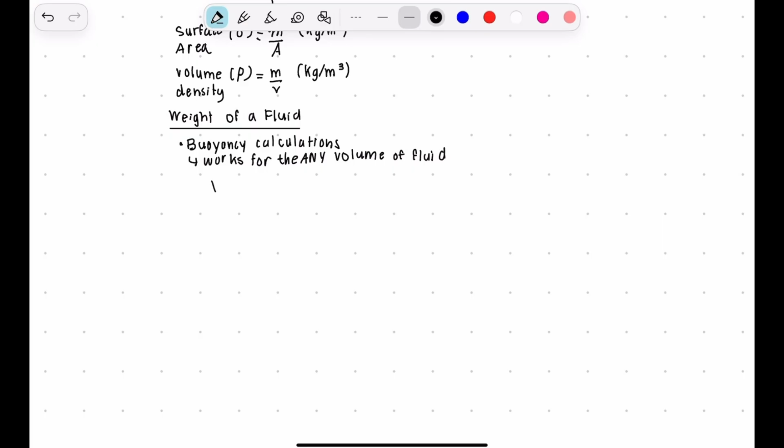So here is the equation. Mg equals PV times g. Let's box this in like this.